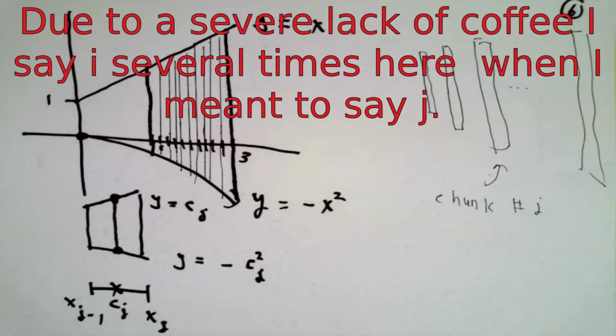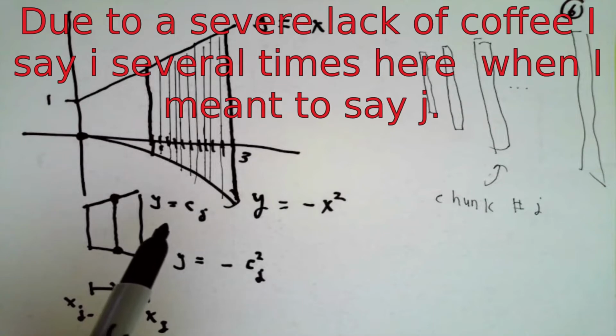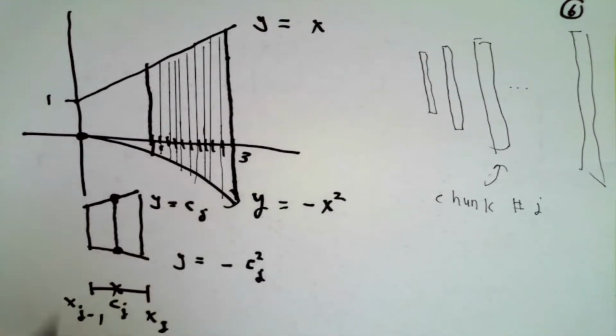Evaluating the upper and lower functions at c sub j, I get above that y is just c sub j, and below y is the negative of c sub j squared. To get the vertical height, I take the upper and subtract the lower.